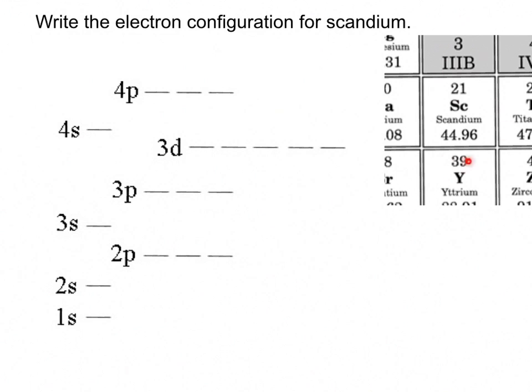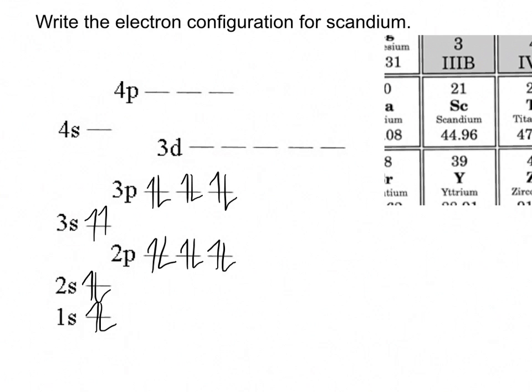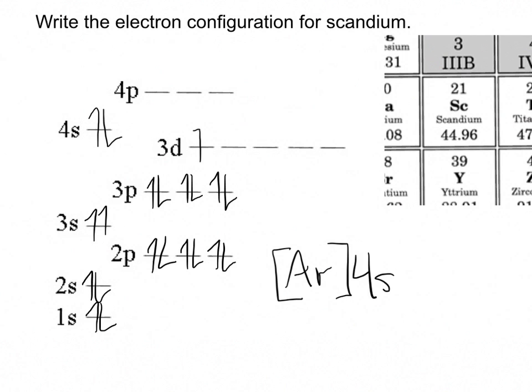Let's look at scandium, for example. It has the electron configuration of argon, so we can write our symbol for argon in brackets, and then we start with 4s2 3d1.